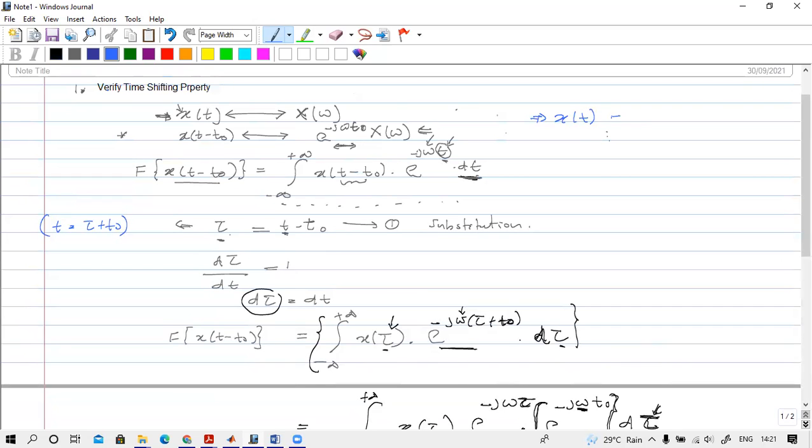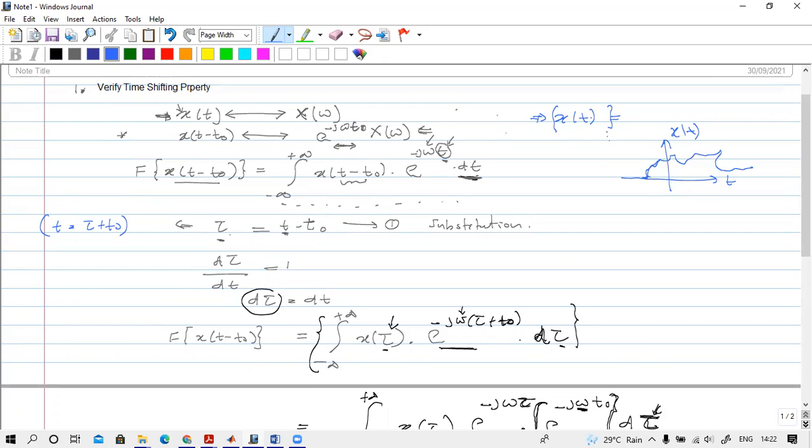It may be any kind of signal: sine wave, cosine wave, exponential function. We don't know what the signal is, but it is a time domain signal, so here the independent variable is time. If we graph x(t) with respect to time, it will get some shape. We don't know the shape, because it is an unknown signal.